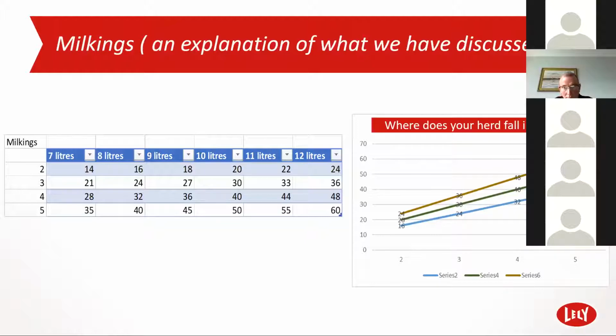If a cow was given 30 litres and you had your milk access at 8, that means she could roughly milk every 6 and a little bit hours. If it was at 9, she'd roughly be milking 3.3 times a day, which is 7 and a bit hours. If you got it right up to 10, that would be 3 milkings a day, every 8 hours.